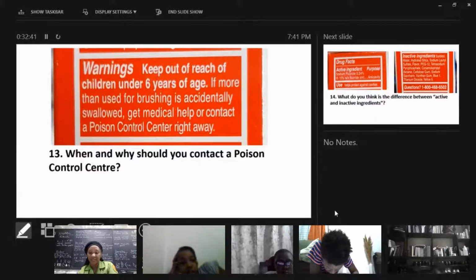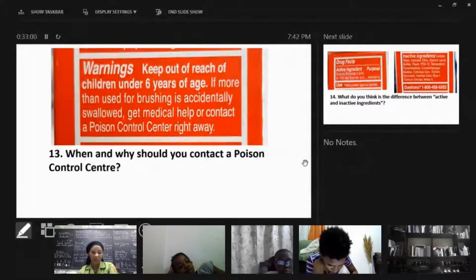For question 13, Ashley said when you accidentally swallow the toothpaste, that's when you should seek medical help. Macelin says because children are not supposed to eat or swallow the toothpaste. And Nia says because the toothpaste can be poisonous when swallowed.